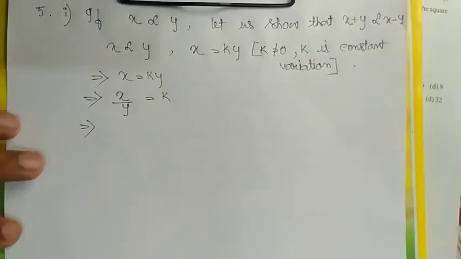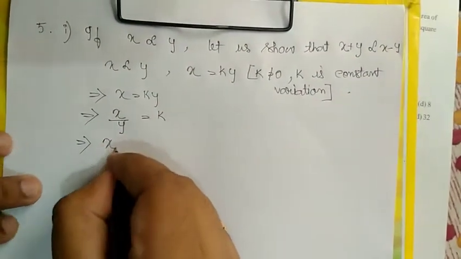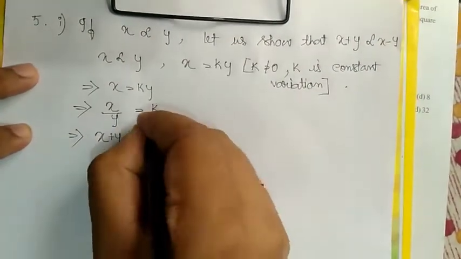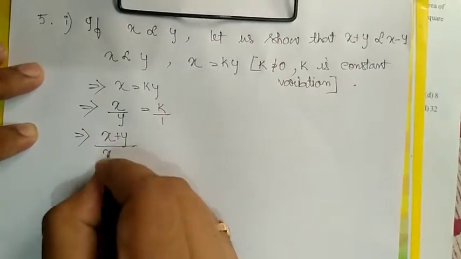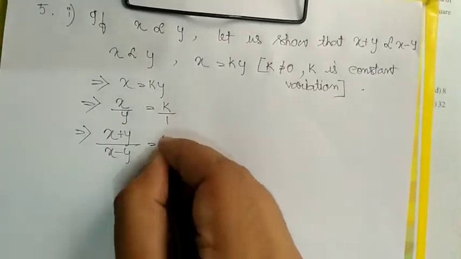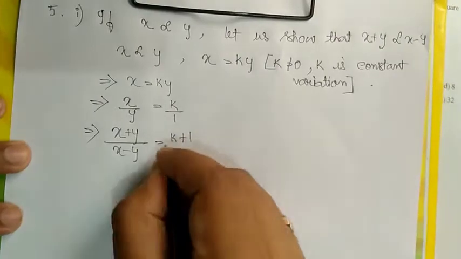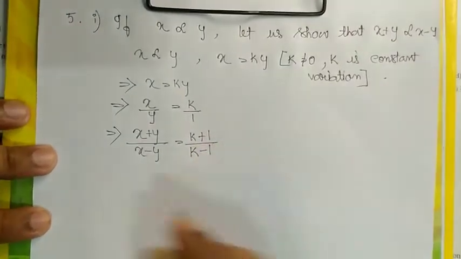After that, by componendo dividendo, we can write x plus y by x minus y equal to k plus 1 by k minus 1.